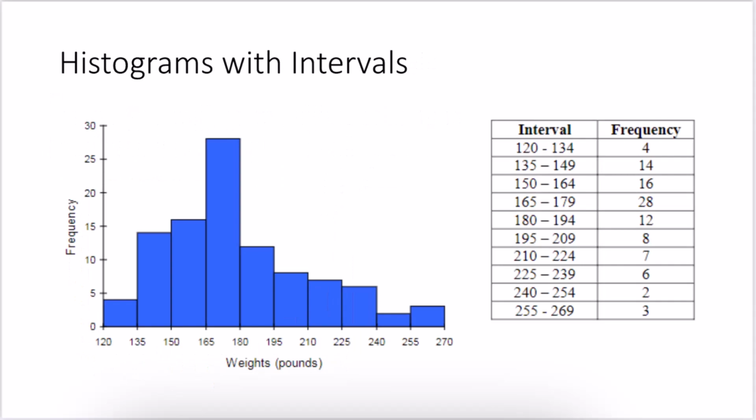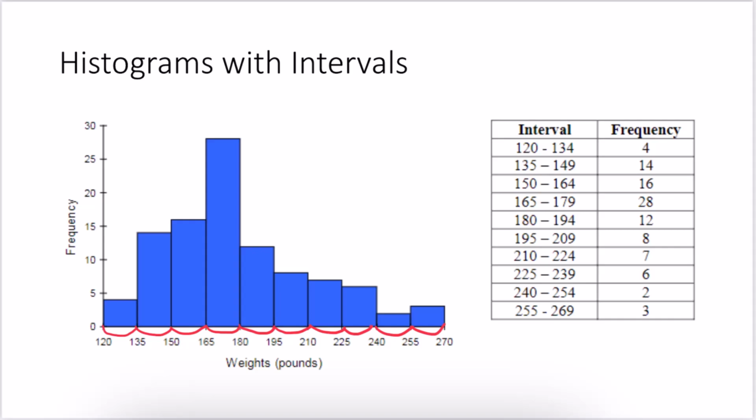Your sections don't necessarily have to count by ones. For example, on this histogram, we have sections of the number line that are skip counting by 15s. Each one of these marks on the number line is 15 units apart. So you can count by ones, you can count by 5s or 10s or whatever number you think would be reasonable for the data set.